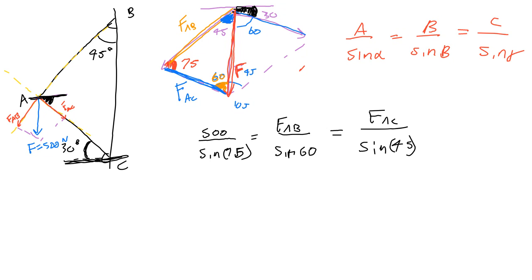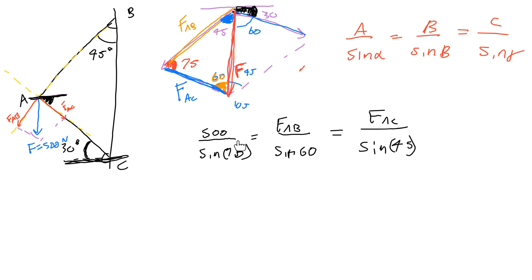I'll leave it at that, because using the force 500 given and the angle 75, we could solve for FAB and FAC, which is the force along the axes of AC and AB.